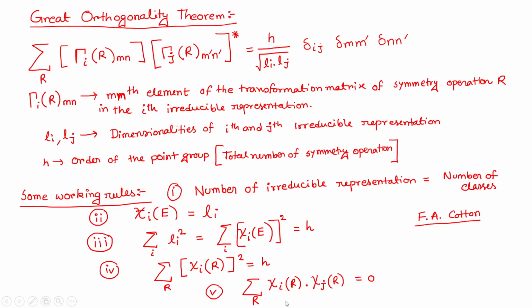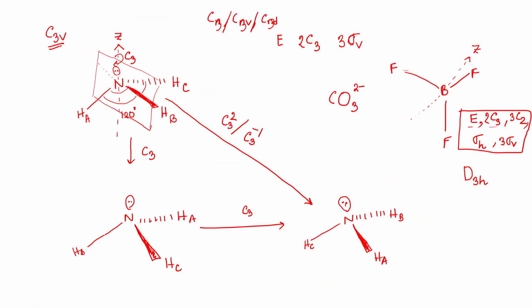But how can you actually get these? See, these are axioms, right? We are saying that this actually comes from the great orthogonality theorem. For this course, you could have just mugged it up or just remembered it, but I tried to give you the derivation.